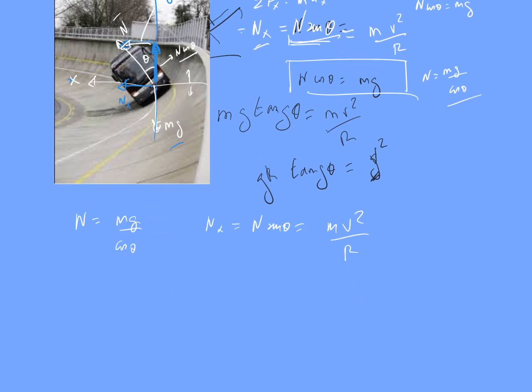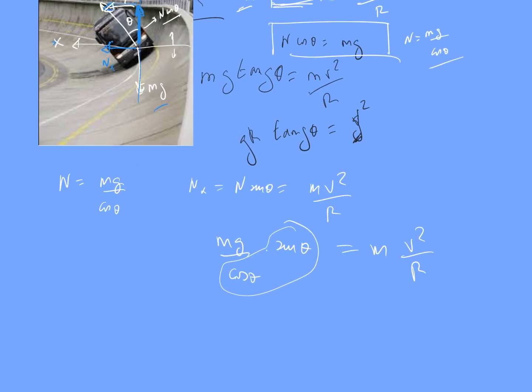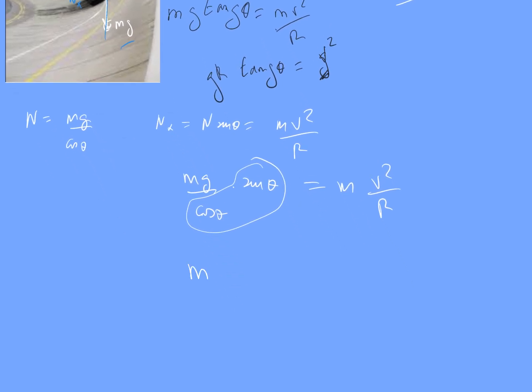But n is mg divided by cosine of theta, multiplied by sine of theta, which equals mv squared divided by r. But sine of theta divided by cosine of theta is tangent of theta. So this will say mg tangent of theta equals mv squared divided by r.